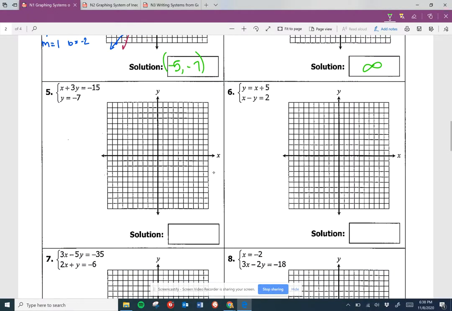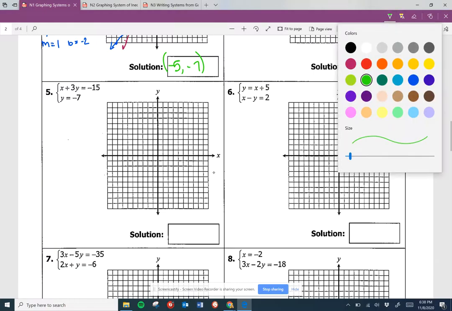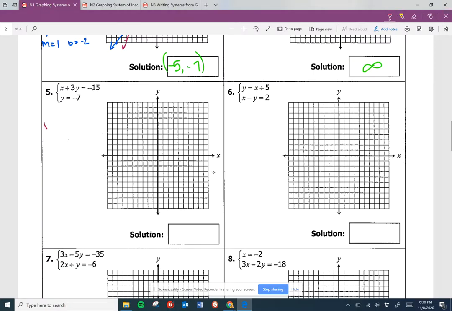Okay, so I'll start my graph here at -5, and then continue the line with a slope of -1/3. Can go down to the right or up to the left. Go ahead and connect those dots.